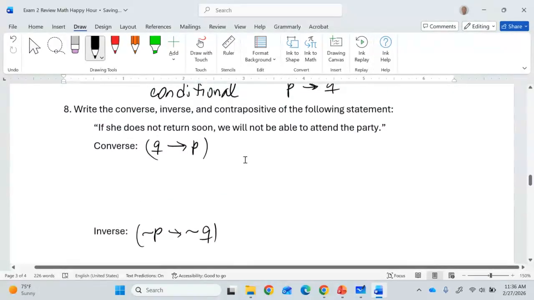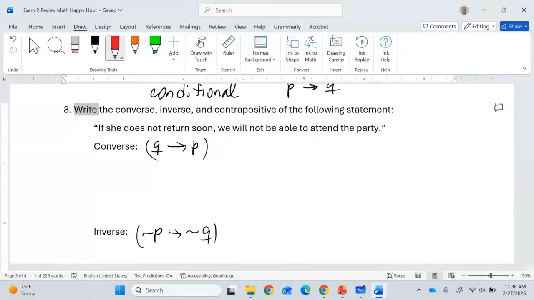Going back to the instructions, it says write the converse, inverse, and contrapositive of the following statement. When it says write, it implies that you have to write it in English. So the answer to this exercise has to be a sentence in English. To do that, let's identify the if and then. Actually, there's not a then, but we have a comma separating.